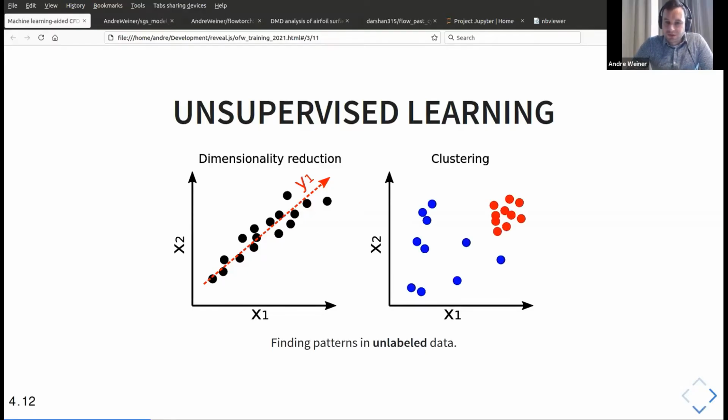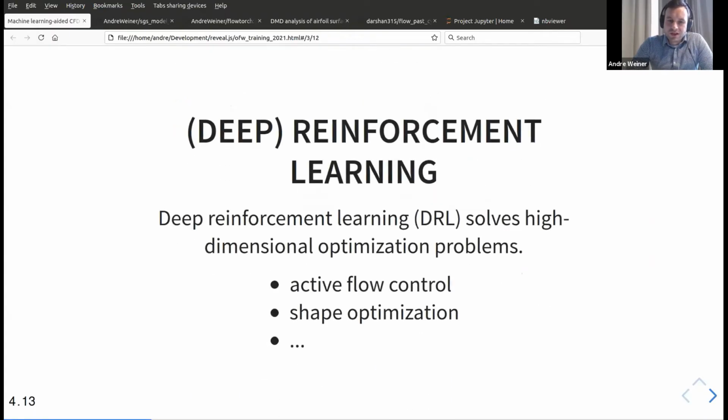And yeah, you would, for example, put those data into groups. The last large group of machine learning algorithms is called reinforcement learning or deep reinforcement learning. And what reinforcement learning basically does is that it solves high-dimensional optimization problems for you. And in fluid mechanics in particular, we find such problems, for example, when we try to achieve active flow control or, if you want to optimize the shape, shape optimization.